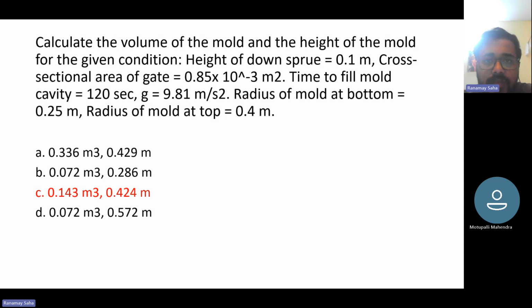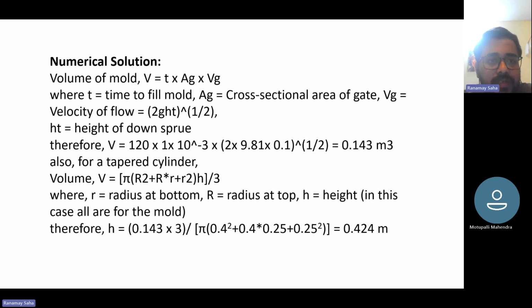So you have to find out the volume of the mold. It is just like the problem we saw in our last class regarding calculation of the mold filling time. If you look at the solution, the volume of the mold comes from the mold filling time equation.